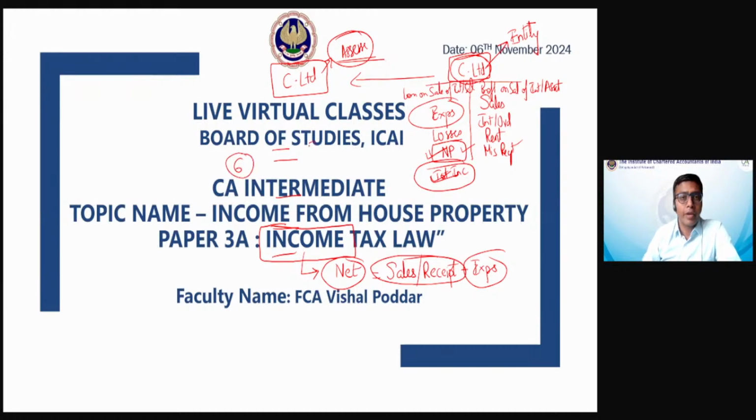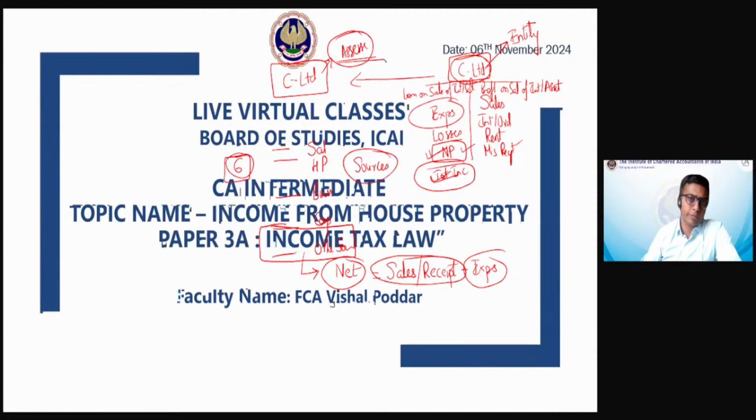Today we have 5 heads: salary, house property, business, capital, and other sources. I'm sure you all would by now know these 5 heads. So these are the 5 sources from which you earn income as per the income tax law.